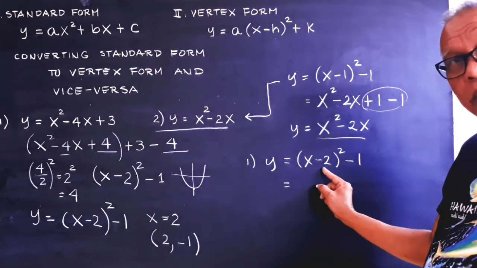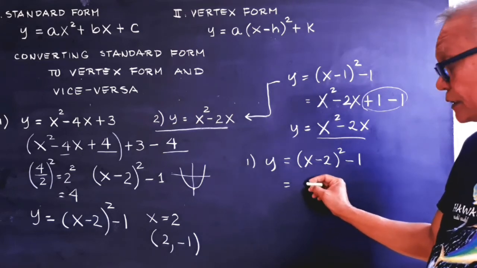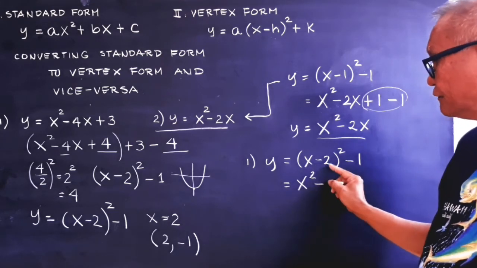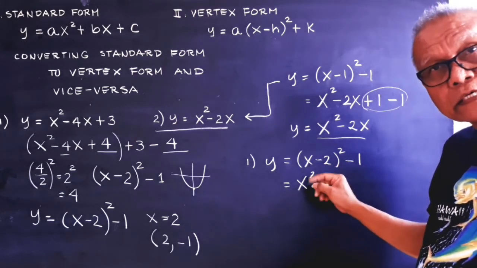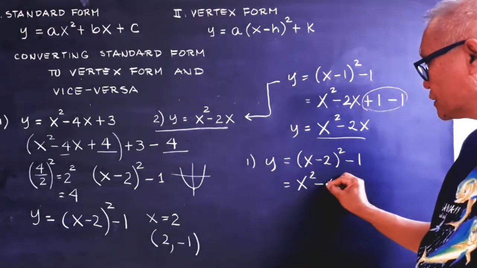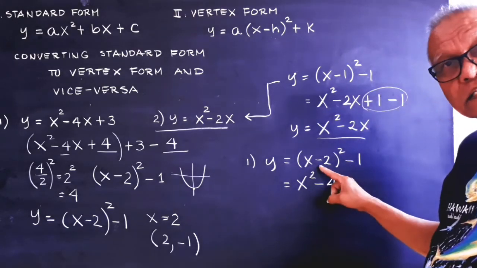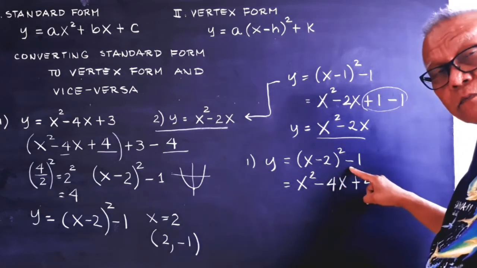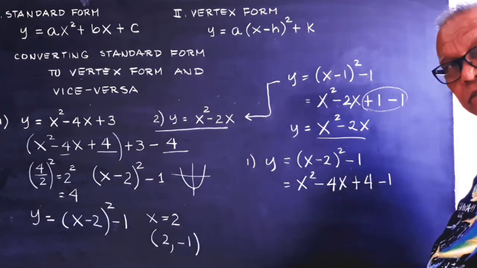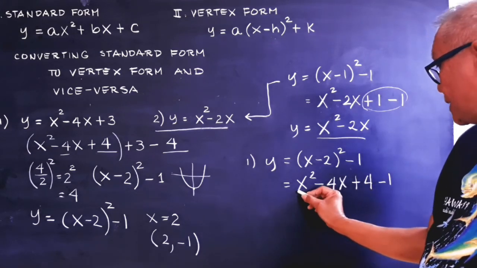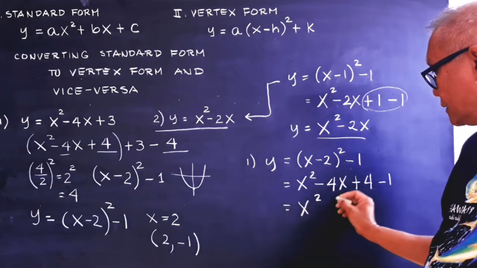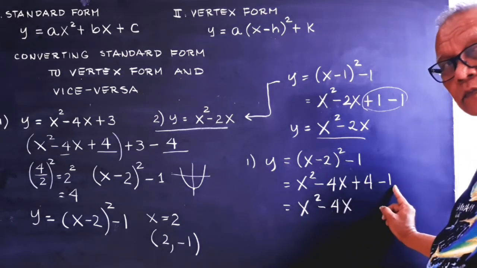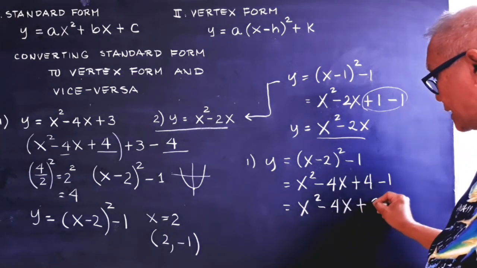So we do first the square of the binomial. x times x, squared, sign of the middle term, negative. 2 times x, 2x times 2 is 4x, negative 2 times negative 2 is positive 4, copy the minus 1, and then this one is x squared, like terms, minus 4x, and then 4 minus 1 is plus 3.